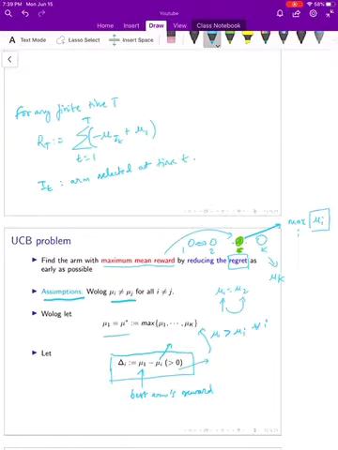So as you can see from this definition, this regret is, number one, positive because of the assumption. Number two, it is non-negative, it can be 0.